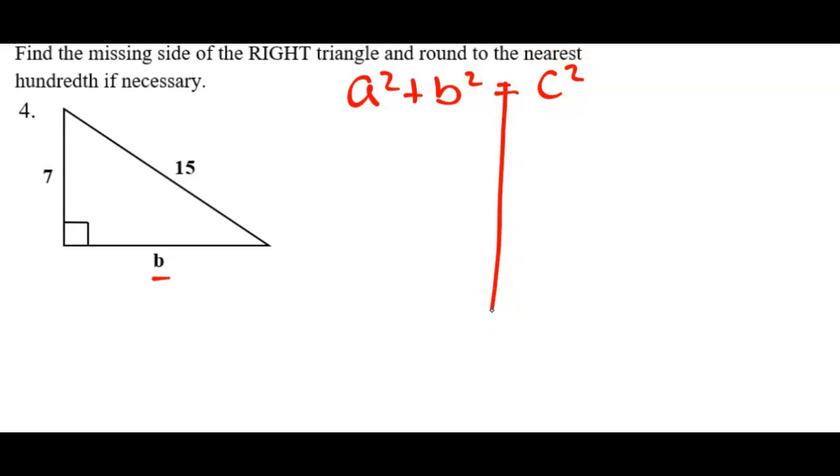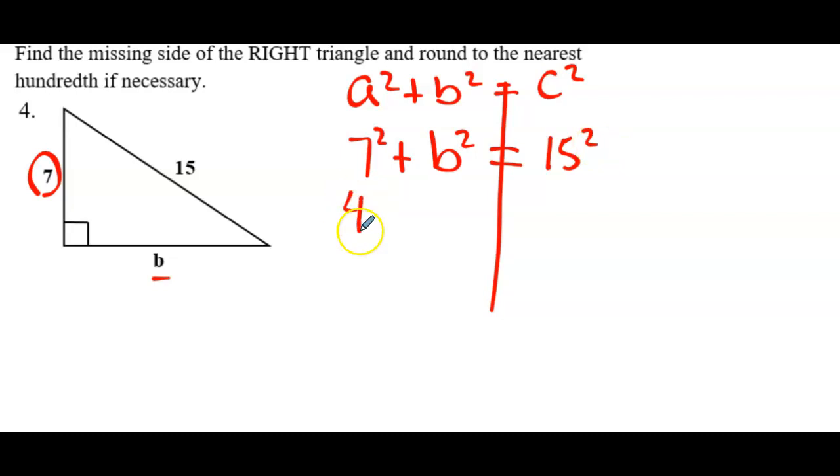So I can label this, it doesn't matter what I label this, A or B, but since this is B, I'm going to leave that B. So 7 squared plus B squared equals C squared. Oops, what is C? C is 15. Okay, so now I have to do my math. What's 7 squared? It's 49 plus B squared equals 225, because 15 squared is 225.